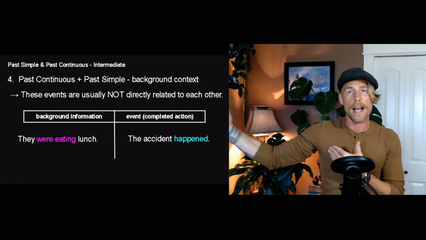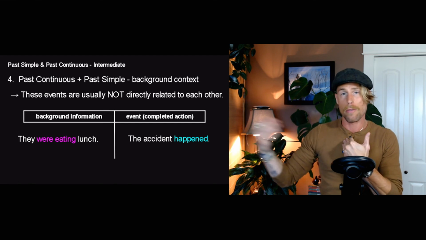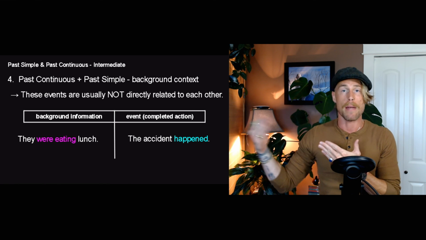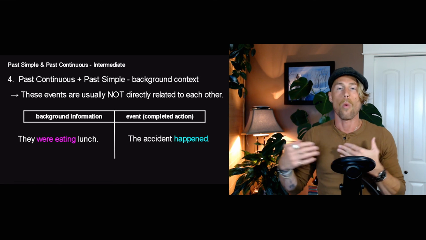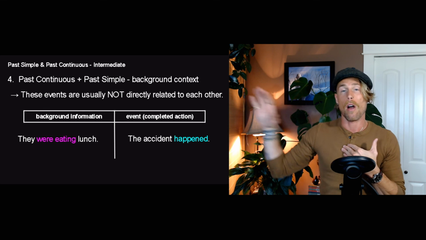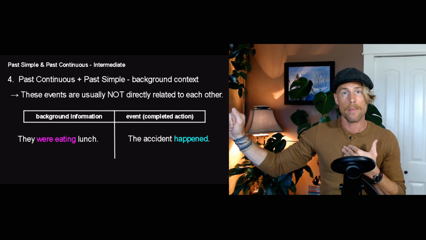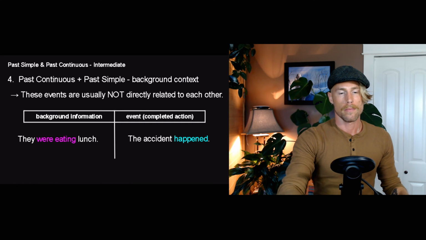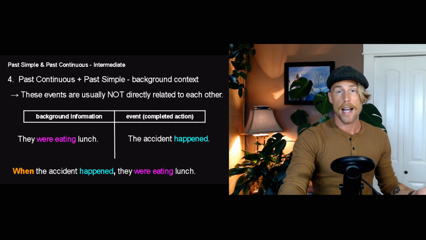Is the car accident related to us? No, but it happened at the same time. So what were we doing when the car accident happened? We were eating lunch. When the accident happened, they were eating lunch.